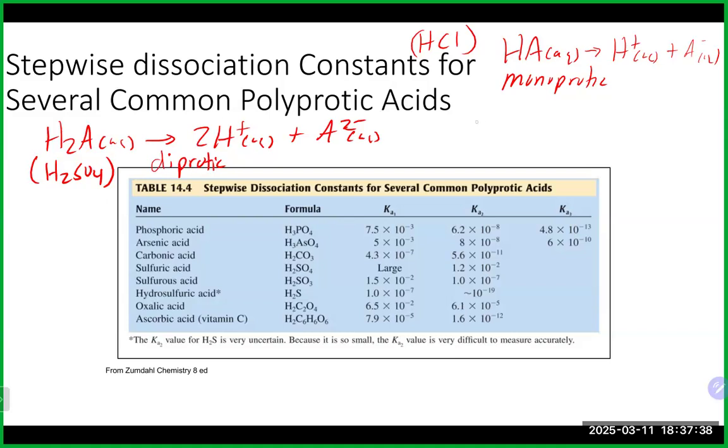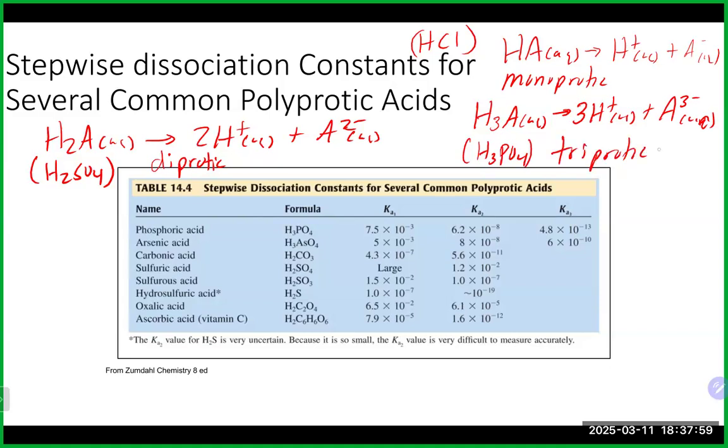You could have a triprotic acid, which ultimately, when the journey is done, will give away 3 hydrogens. And we'll have a -3 charge overall here. Something like phosphoric acid would be an example. That is a triprotic acid.